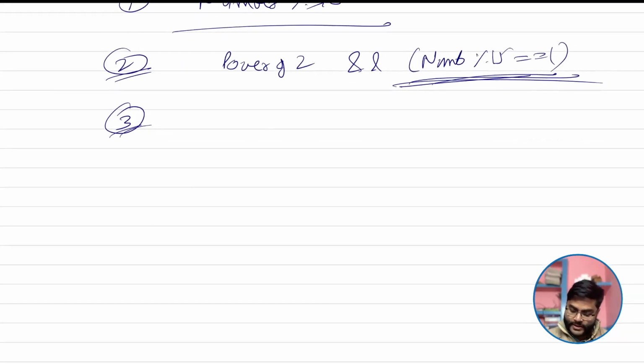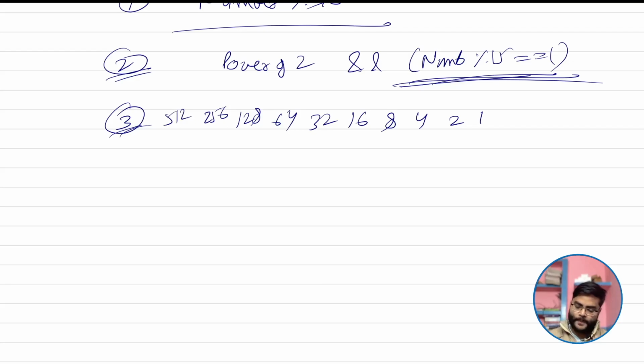So in the third approach, let me write 1, 2, 4, 8, 16, 32, 64, 128, 256, 512. Now what is 16 raised to power 0? It is 1. Again, 0 is not a power of 16. What is 16 raised to power 1? It is 16.